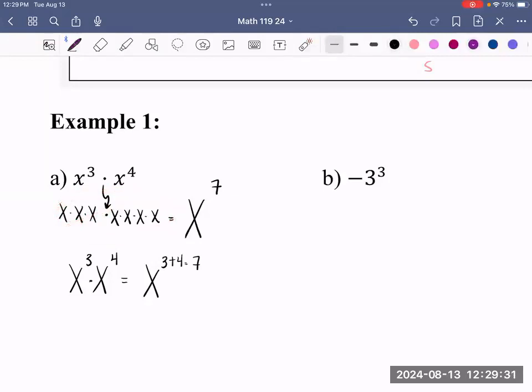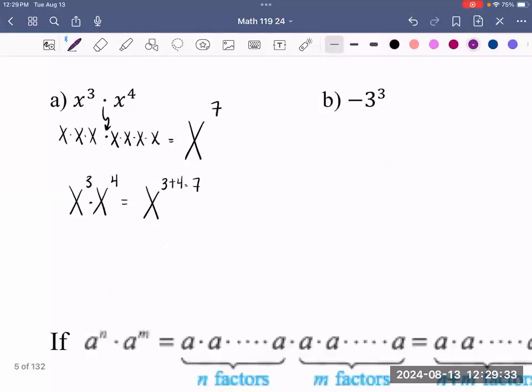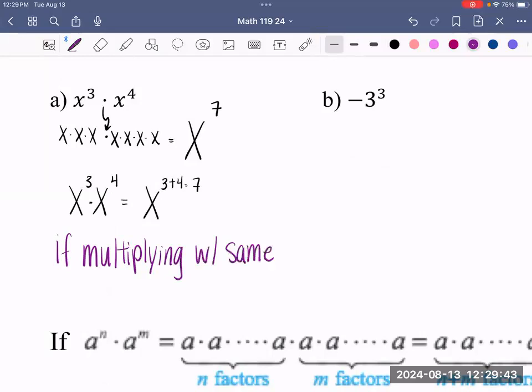So to give you an advantage, if multiplying with the same base, we add the exponents. We're going to be seeing lots of rules today, which we do have a very generalized rule. I believe it's on our next page.